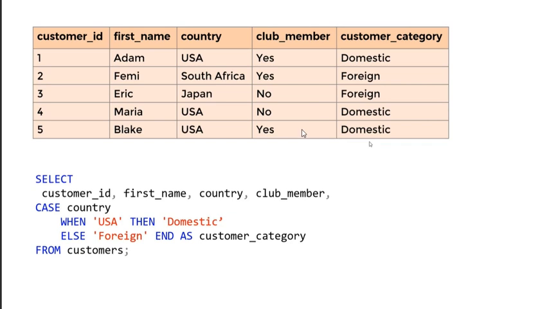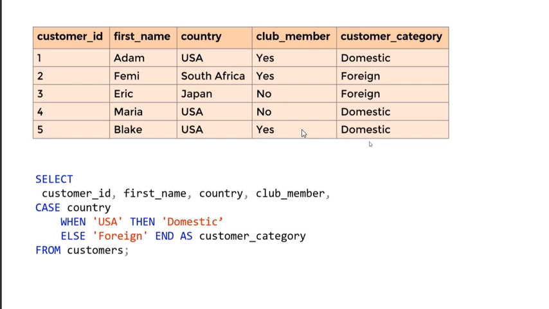So here we have the simple form of the case expression. Notice the syntax difference. Case country when USA, then domestic, else foreign, and as customer category.